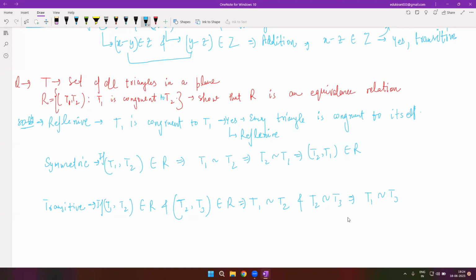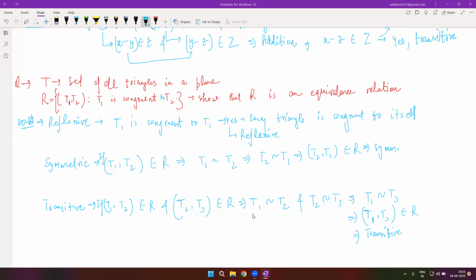Which means that T1, T3 also belongs to the given relation. And the relation is reflexive, symmetric, as well as transitive. Hence the relation R is an equivalence relation.